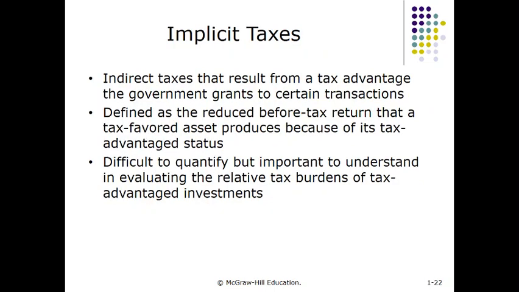And then you have something called implicit taxes. These are indirect taxes that result from a tax advantage the government grants to certain transactions. The main example here is non-taxable municipal bonds.